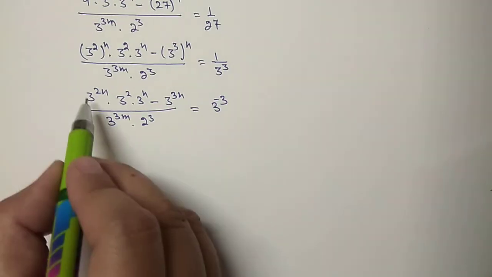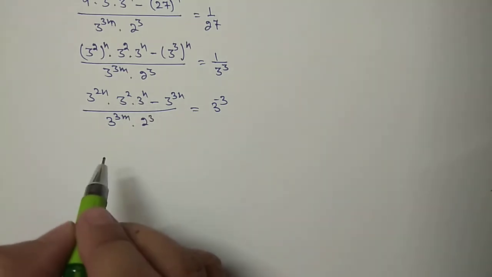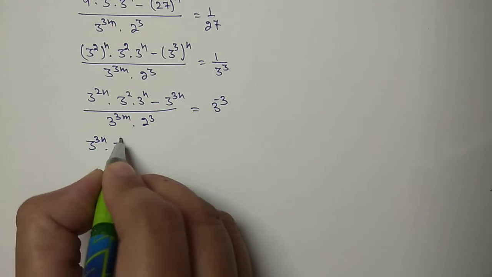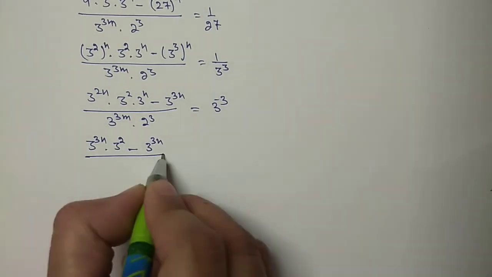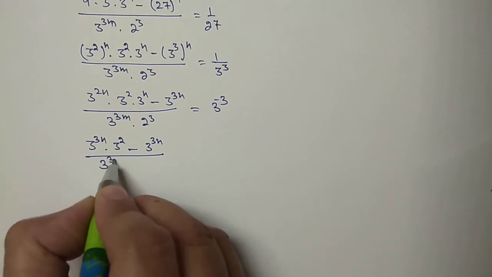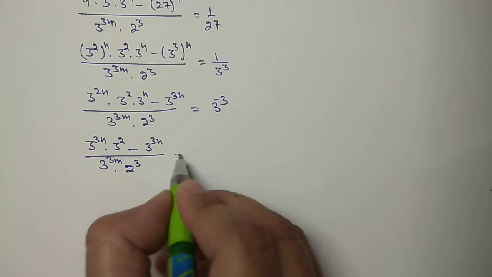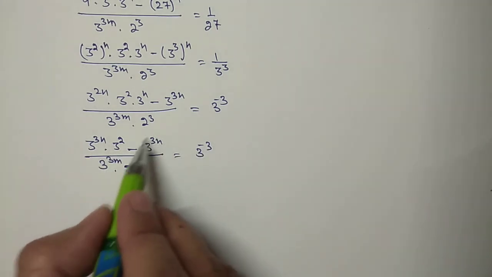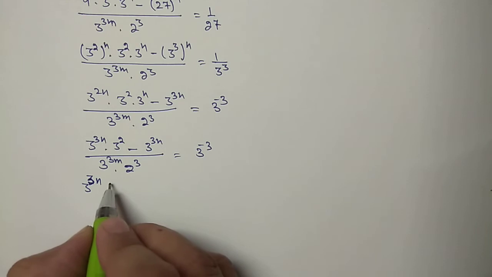Now these powers we can write together: 2n plus n, it will become 3n. So 3 to the power 3n, 3 to the power 2, minus 3 to the power 3n, divided by 3 to the power 3m into 2 to the power 3, equal to 3 to the power minus 3. 3n, this power we can take out common. 3 to the power 3n we have taken out common.